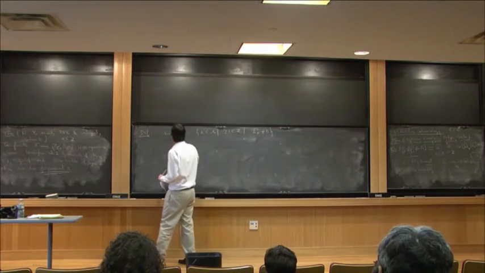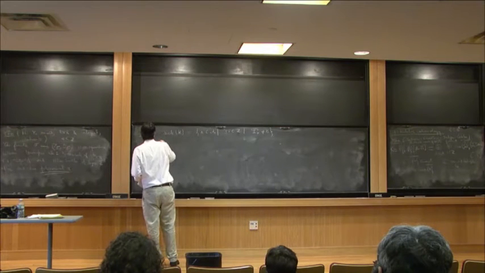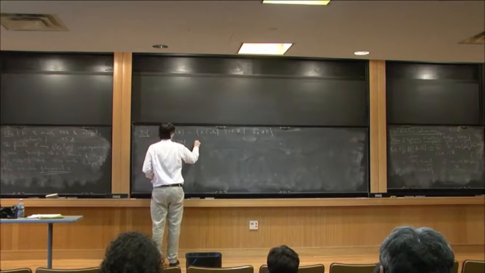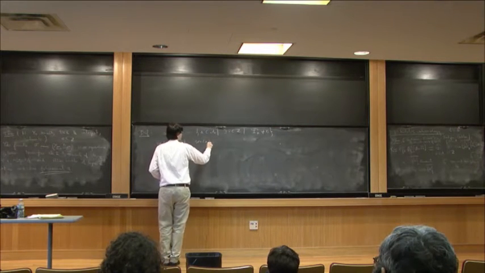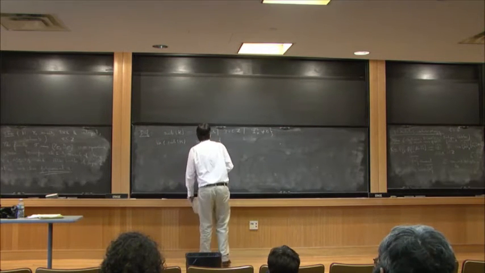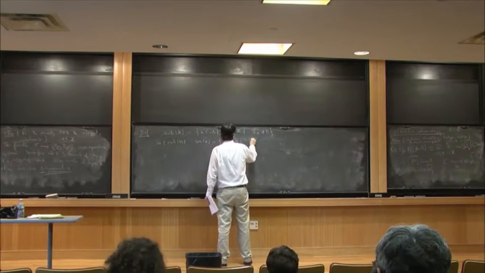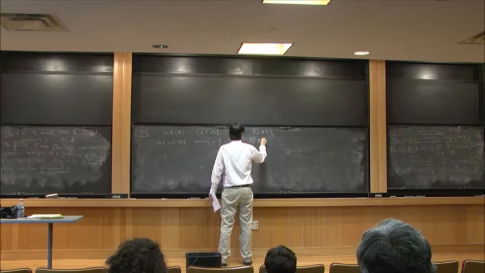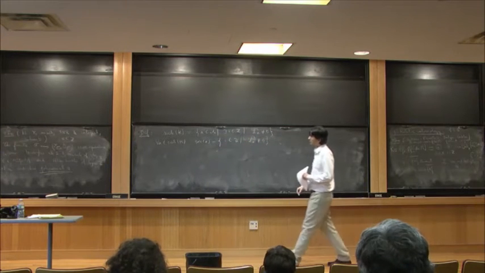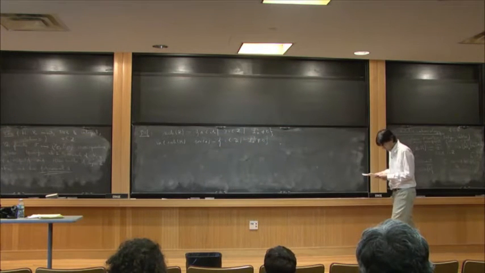And to any a in the support, I can define the occurrences of a as the set of degrees such that the corresponding local system is not zero.